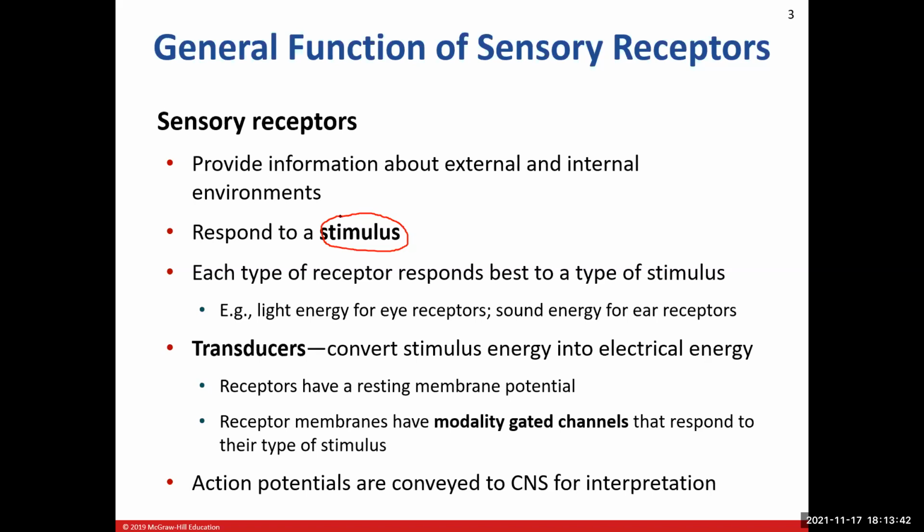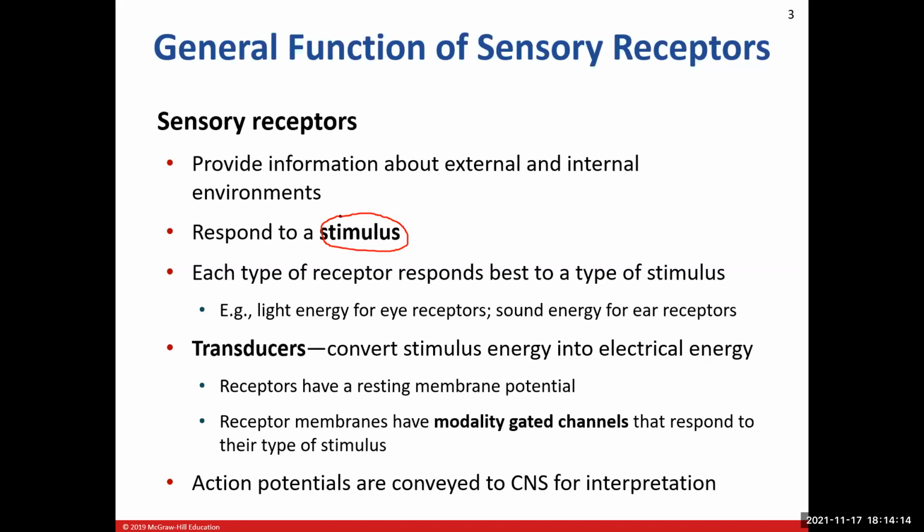But not all receptors are going to have the protein gates that we saw before in previous chapters when we were talking about muscles and neurons. We briefly discussed in chapter 12 what are called modality gated channels. These modality gated channels are another type of channel in the membrane that allow the movement of ions across the plasma membrane to respond to whatever that stimulus is.